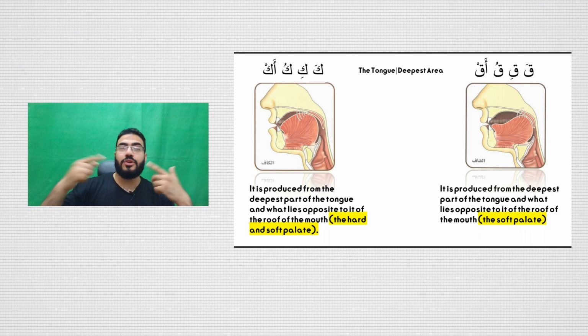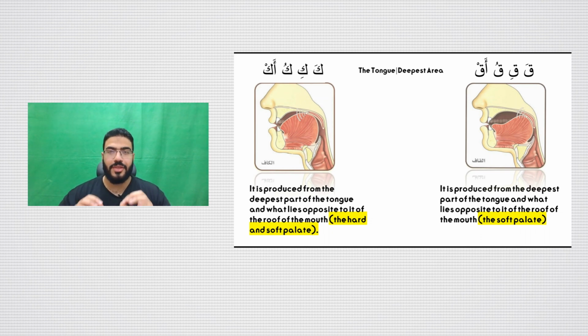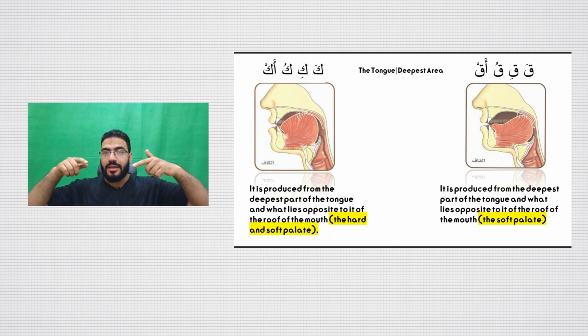But there is no continuation. That's why I have a lot of students whose mother tongue is Urdu who have this problem. They say ak, they don't let the air continue. So in Arabic, it will be ak and then k.